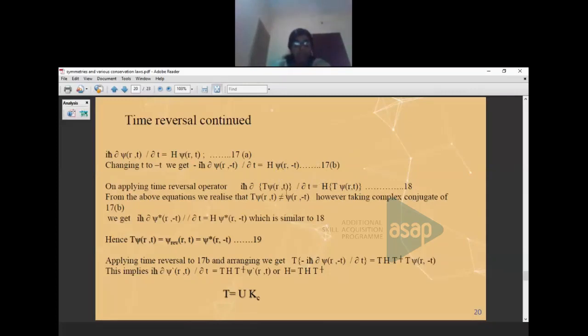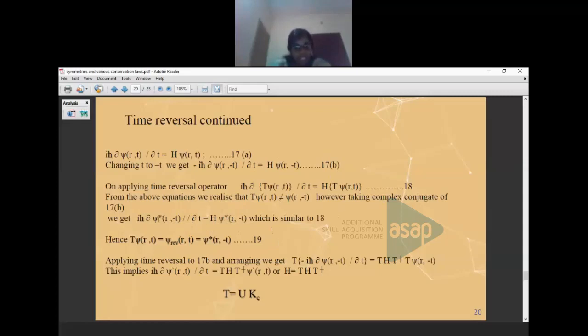How do you fix this? If you take the complex conjugate, you get i h bar dou psi star of r, minus t by dou t. So there is only one sign, and it should be H psi star of r, minus t.